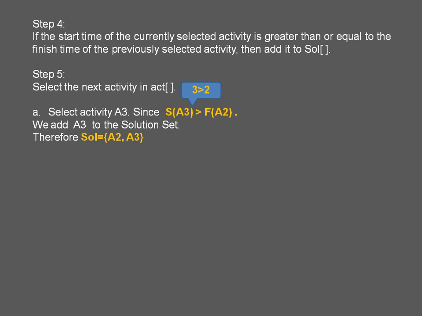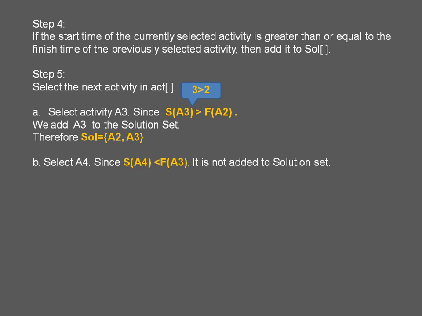In this way we will select the next activity again and compare it. If the start time of the currently selected activity is greater than or equal to the finish time of the previously selected activity, we select it. According to this we will find the next activity.